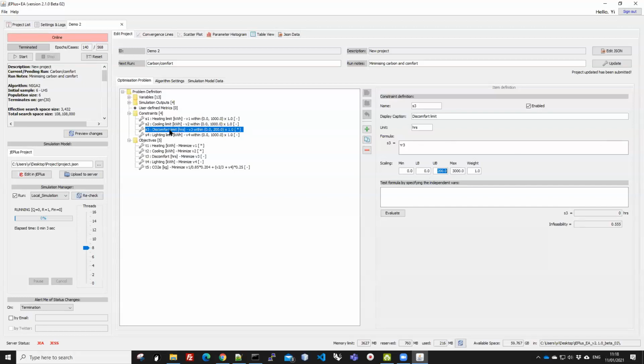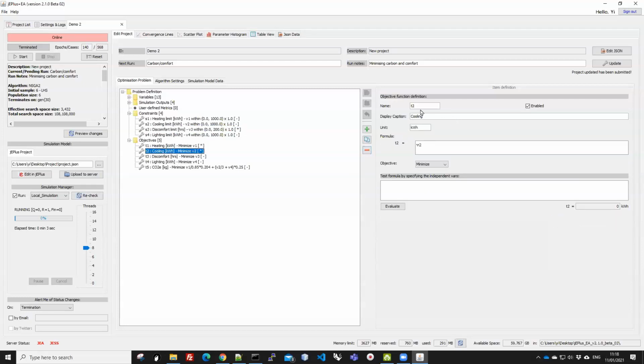Now we have discomfort as the constraint, and we have heating and cooling as the objectives in this new setup. So I need to change this again. I call it heating versus cooling, with comfort as a constraint, minimizing heating and cooling, constrained by comfort.